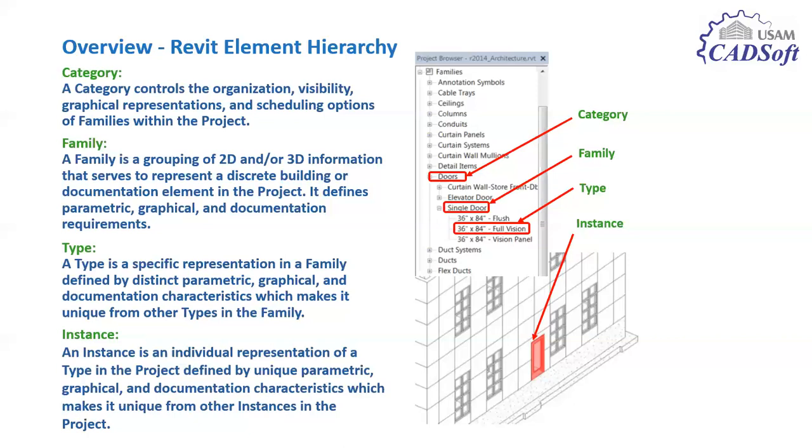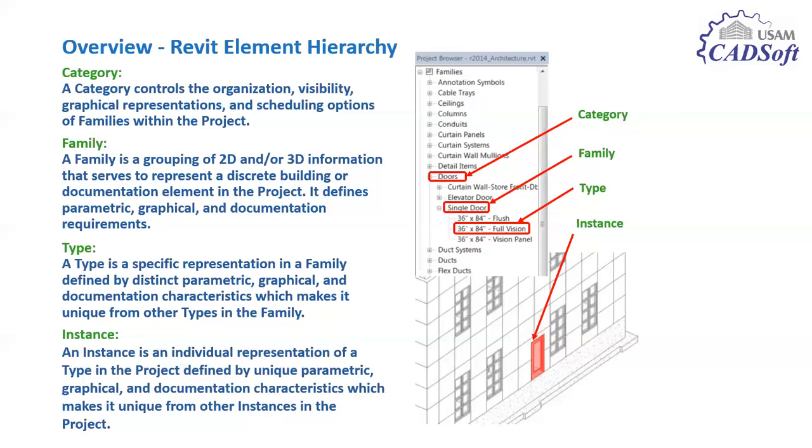So this is the category. You can see that the category is the doors. Then you have the family, which is a single door, and then you have the type, which is 36 inches by 84 inches full vision, and the instance is what I have in my project.